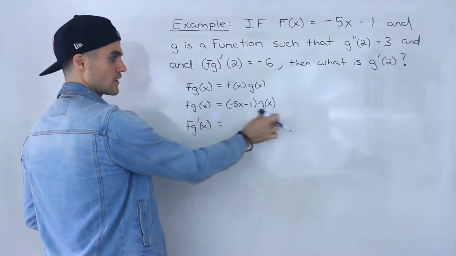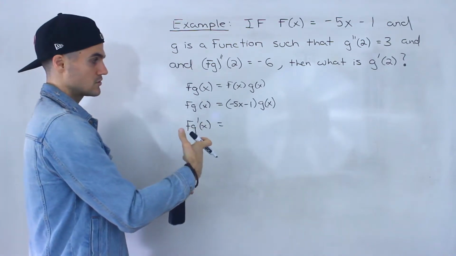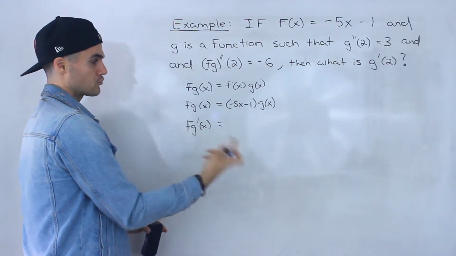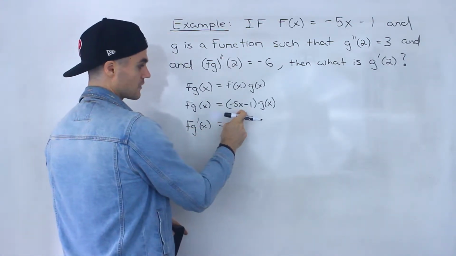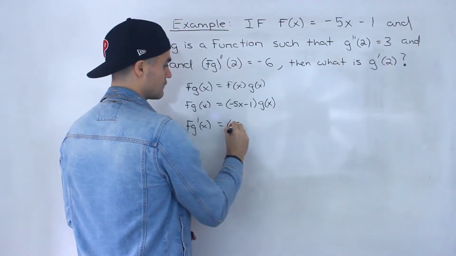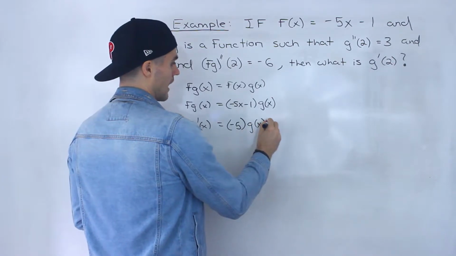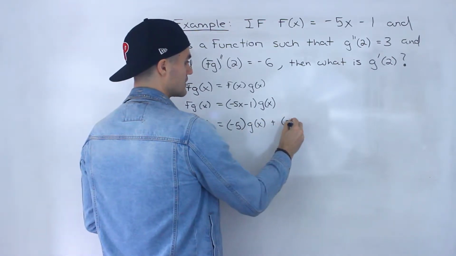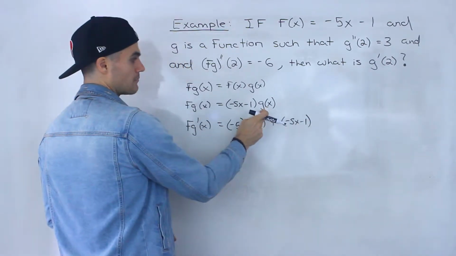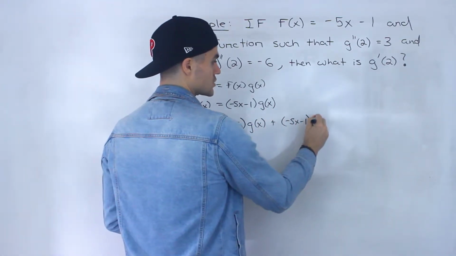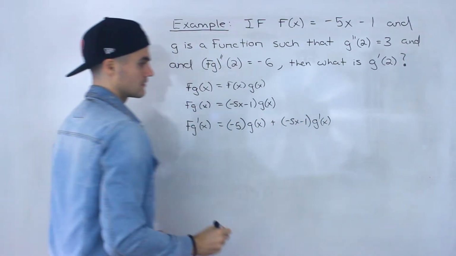So notice it's two functions that are multiplying together, so we got to use the product rule. So we would take the derivative of this function, which is just negative 5, multiply it by g of x. And then we're going to take this function and multiply it by the derivative of this, which is g prime x, like that.